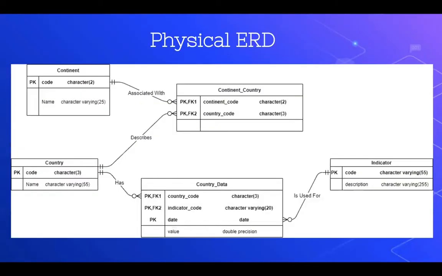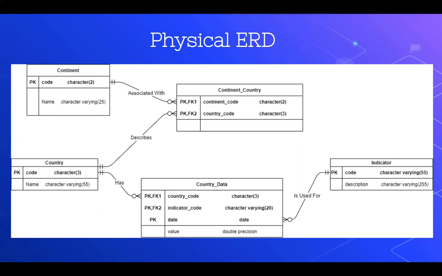This is our physical ERD. We have this built up off of the WWDI World Bank ERD. However, we incorporated more details here. We have character types, multiplicities, and cardinalities. Here we have the continent table tied to the continent country table by way of the continent code foreign key.